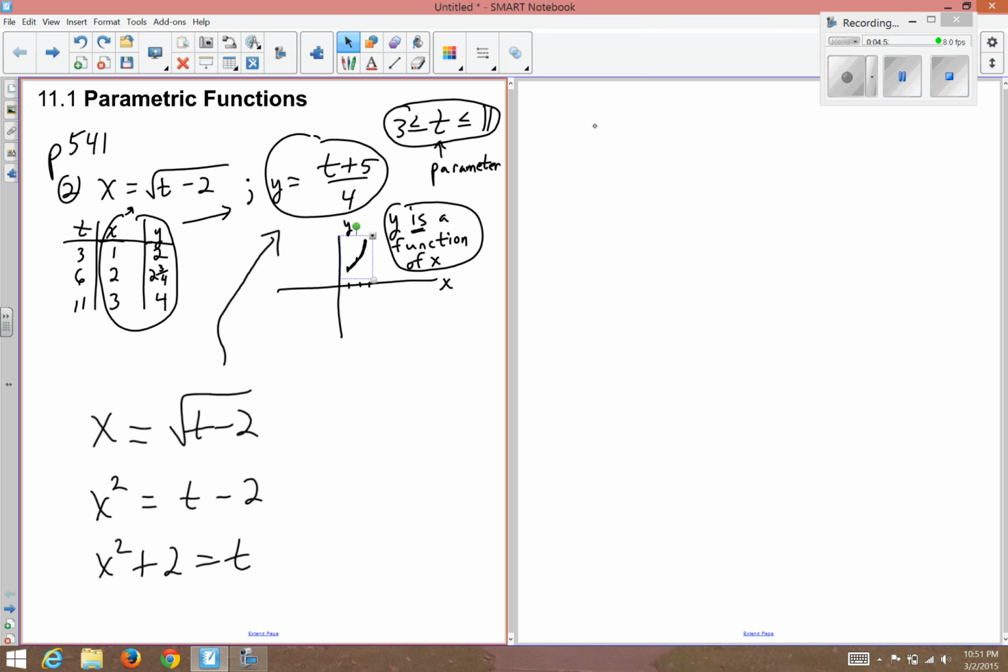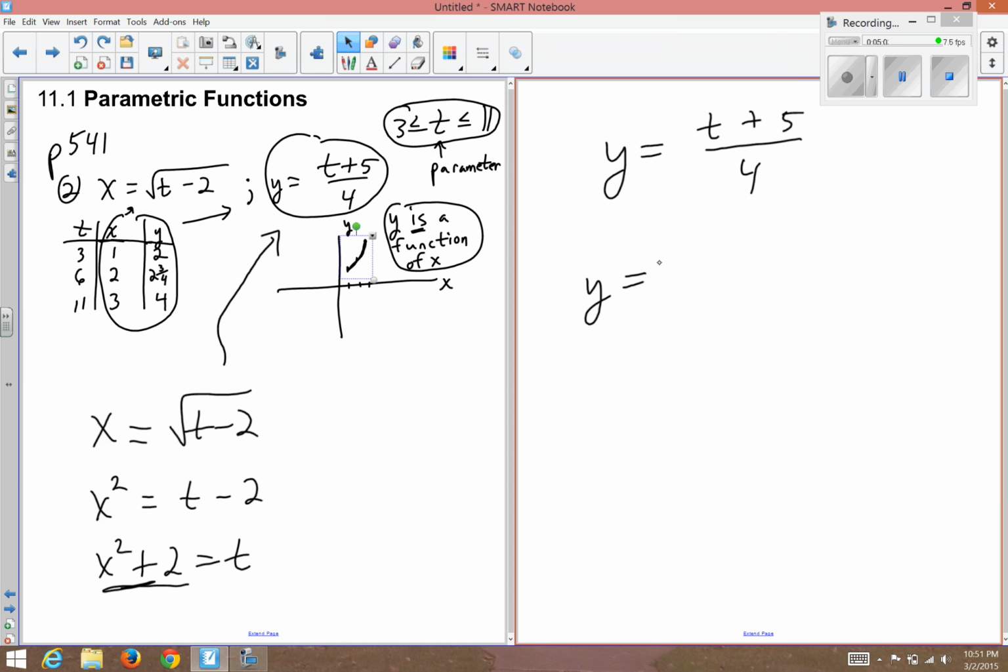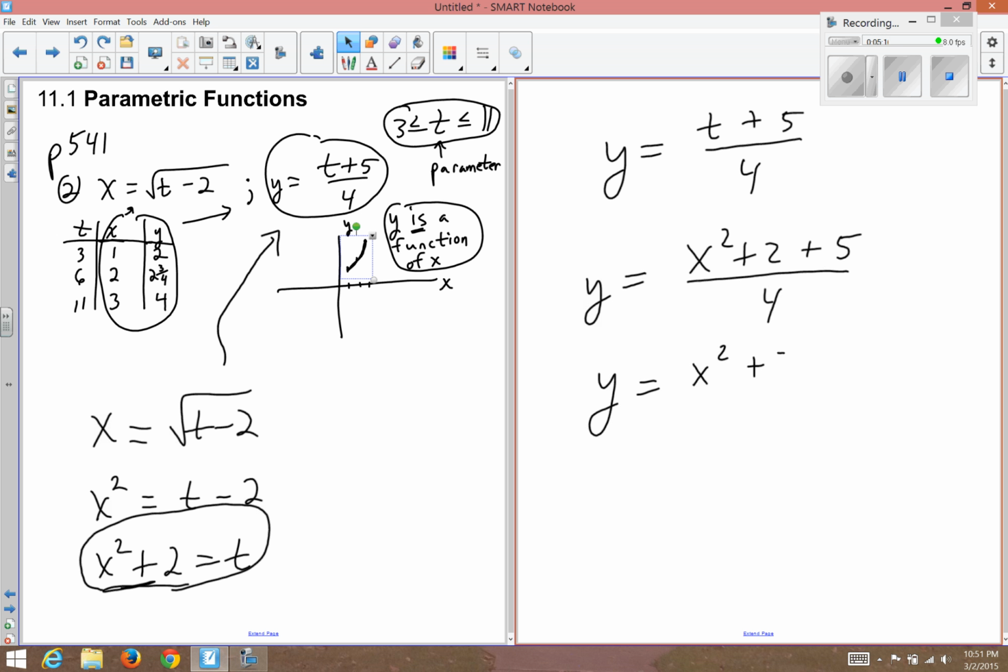And in the other equation, y equals (t plus 5) over 4, we're going to replace the t with what t equals, x squared plus 2. There's t plus 5 over 4. So y equals (x squared plus 7) over 4 answers the question.